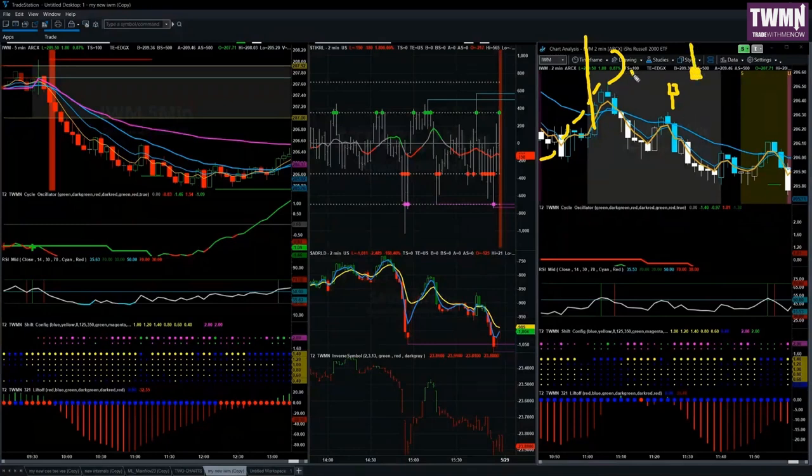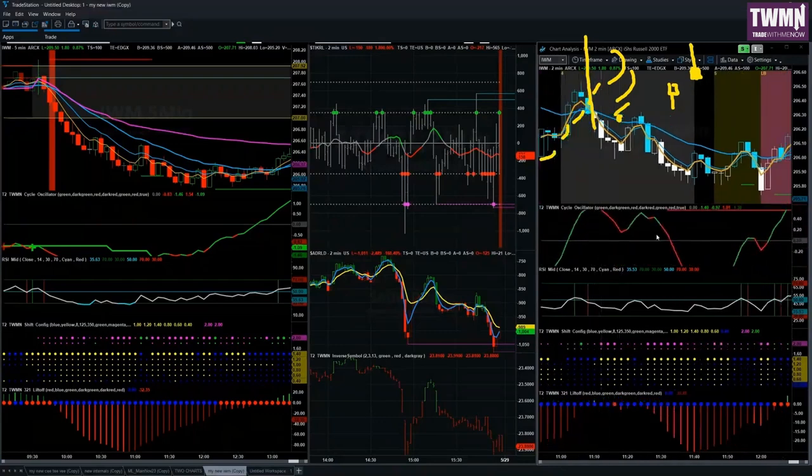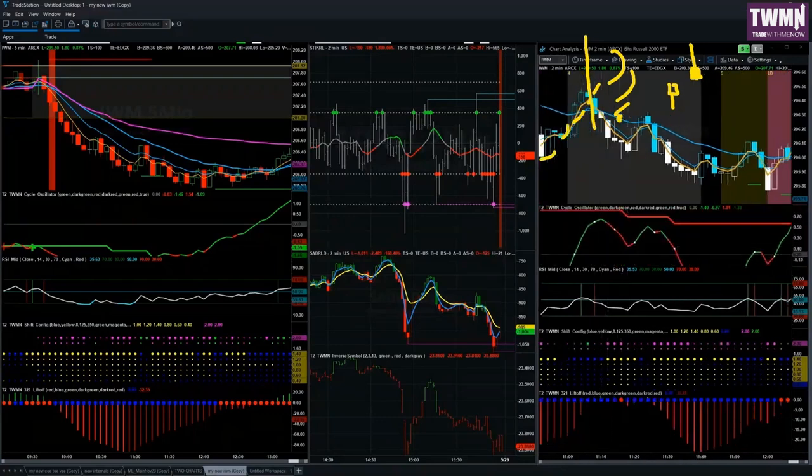Reversal candle, confirmation, moving average cross right here. Check the cycle indicator. Yes. Yes. And then eventually, all yellow.